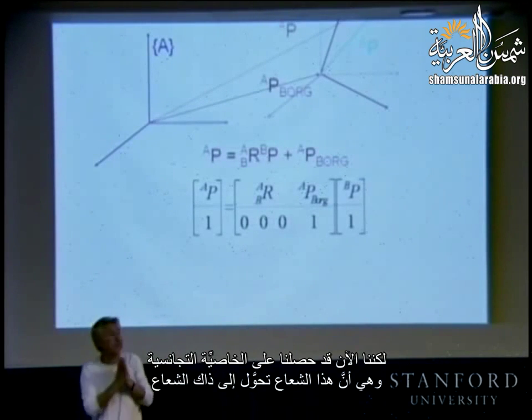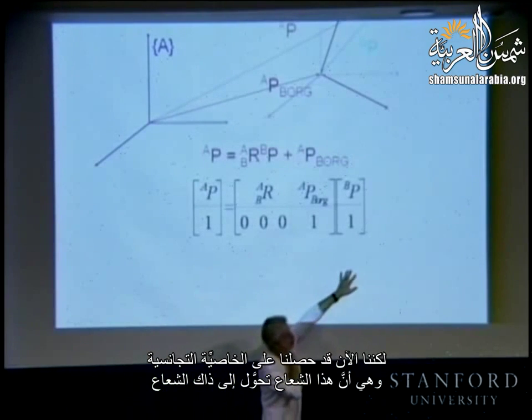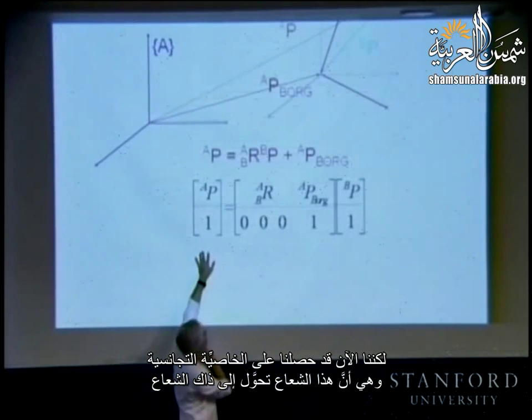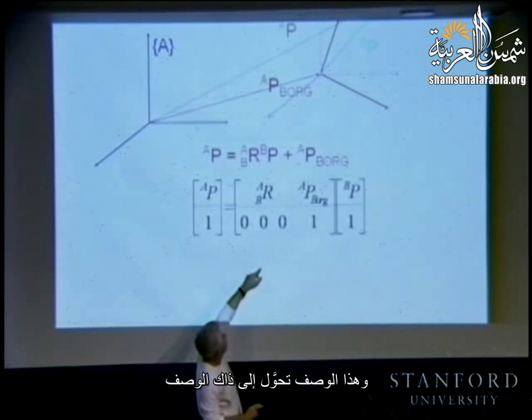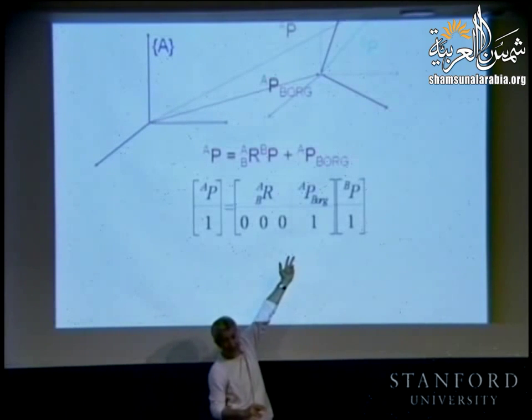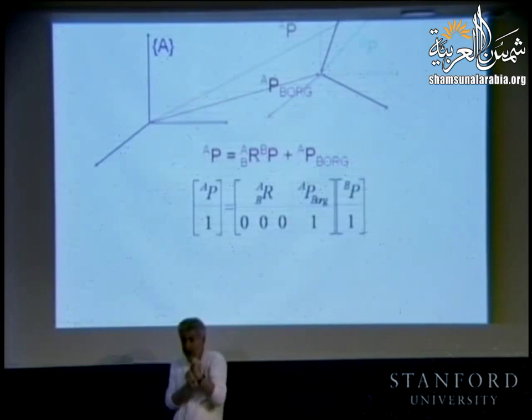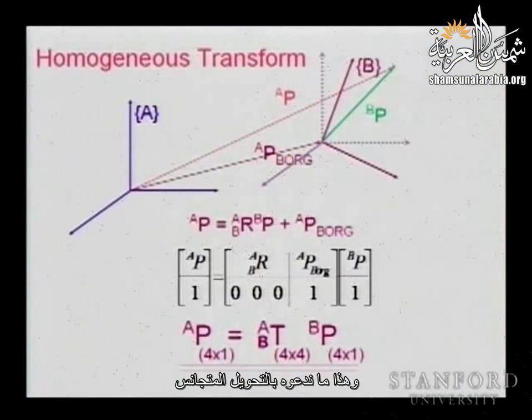But now we have captured the homogeneous property, that is, this vector is transformed into this vector, this description is transformed into this description using the rotation matrix and the translation. Do you see that? And this is what we call the homogeneous transformation.